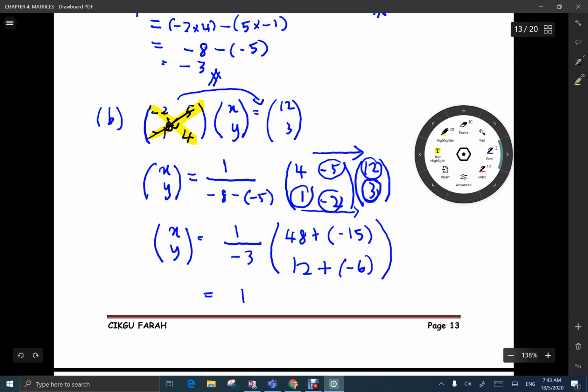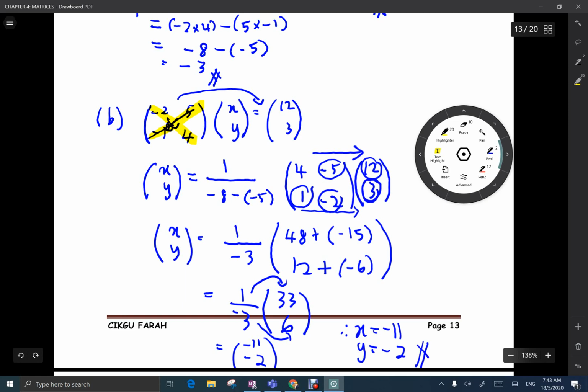Okay, so awak solvekan. 1 over negative 3. 48 minus 15. Berapa? 33. Betul? Okay, 12 minus 6 is 6. Jadi, kita pun solvekanlah. 1 over negative 3 times 33 akan dapat negative 11. So, 1 over negative 3 times 6 akan dapat negative 2. So, therefore, kena keluarkan jawapan. Our x is negative 11 and y is negative 2. That's it. Okay, itu saja.